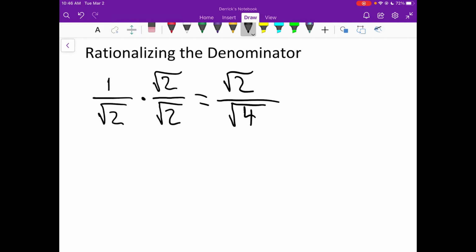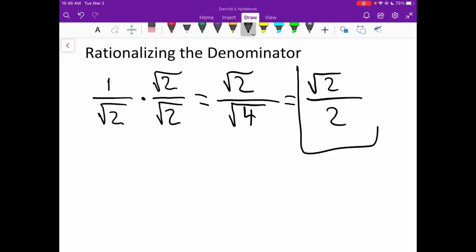And what is the square root of 4? Well, it is simply 2. And so this would be the correct way to write 1 over the square root of 2.